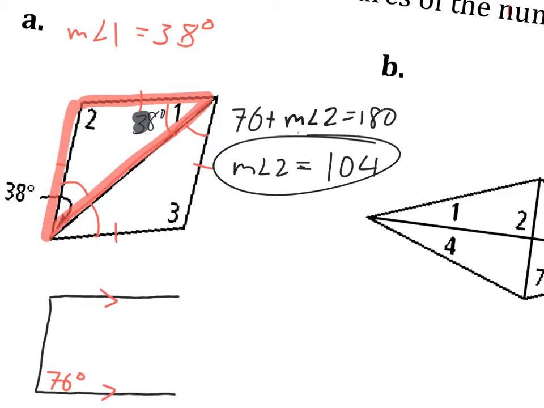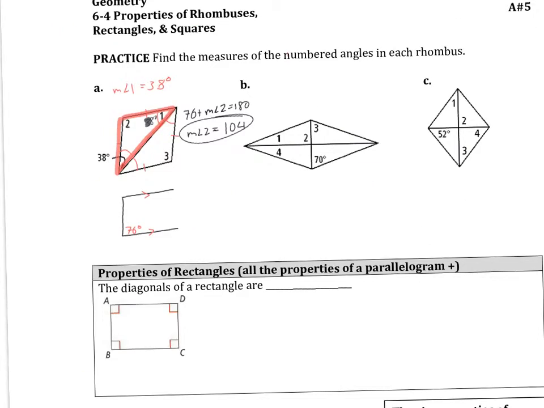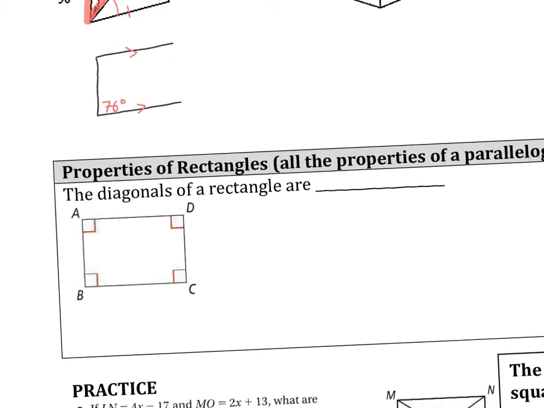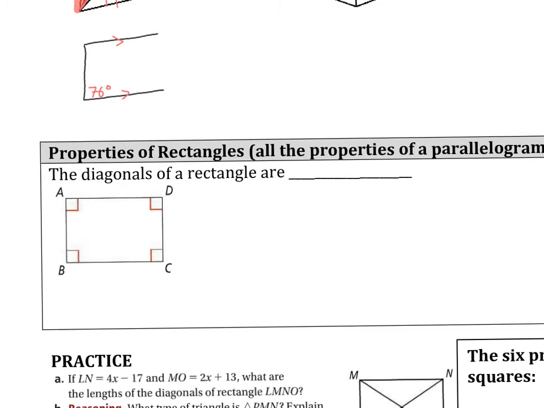Great. So the next and last property we're going to look at today is the properties of rectangles specifically. And it turns out that the diagonals of any rectangle are going to be congruent. So we can place that in there.